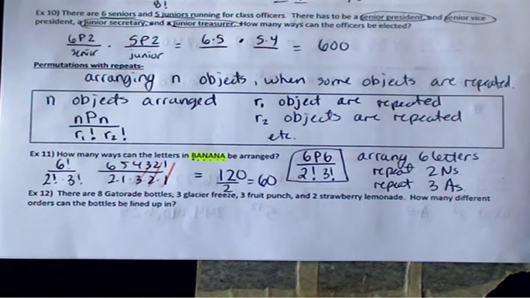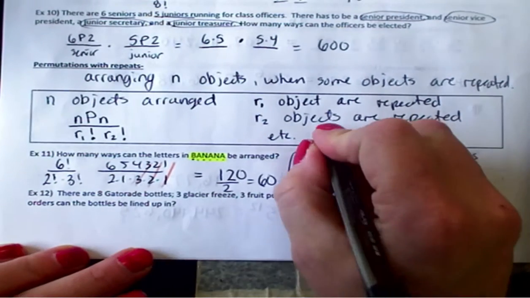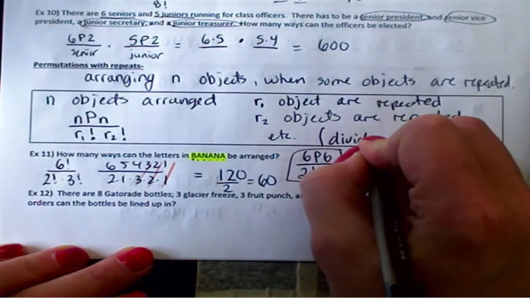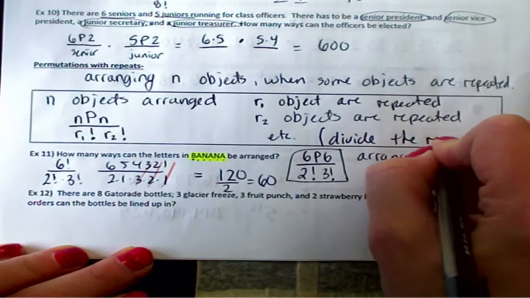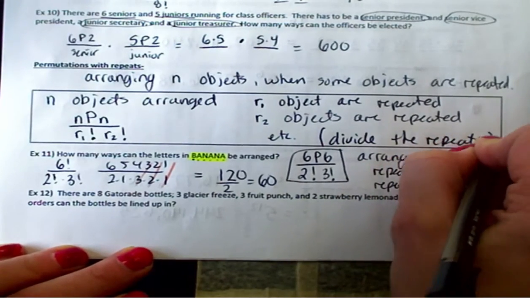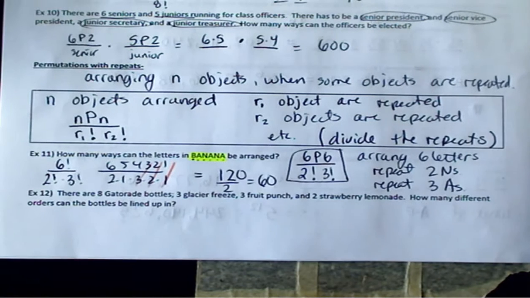Wait, why is it only 6 factorial? 6 objects. 6P6 is arranging the objects, and then you divide out the repeats. Is that already like 6P6 and 8?